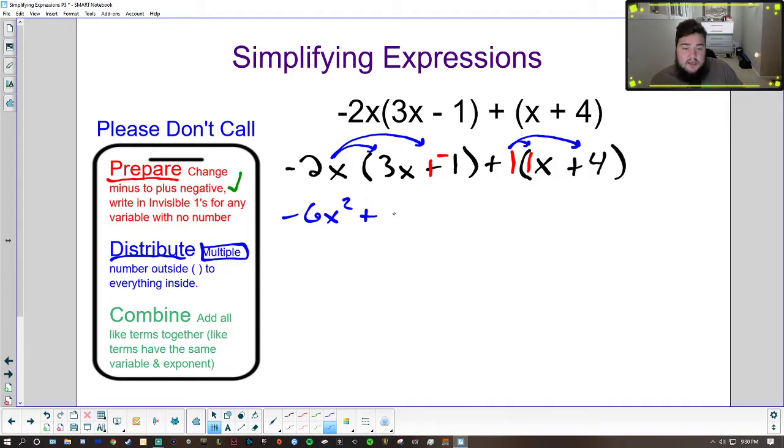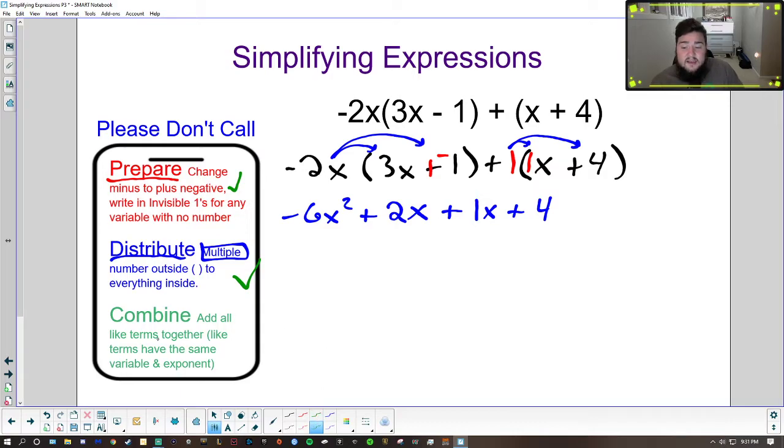Negative 2 times negative 1 is a positive 2, and I bring the x along for the ride. I now have one more set of parentheses I have to distribute through. 1 times 1x is 1x, and 1 times 4 is 4. All my parentheses are gone, which means I have successfully completed my distributing.